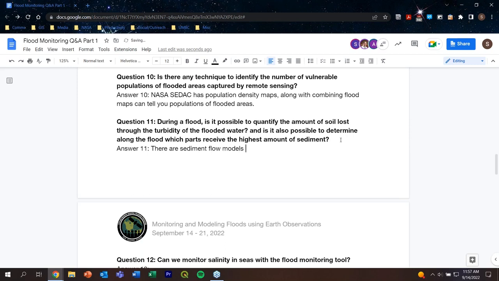There are sediment flow models that can tell you how much soil is lost through turbidity, and also determine which part receives the highest amount of sediment. If you have multiple streams, which streams are bringing more sediments? If that's what you mean, I think there are models which are trying to address that.